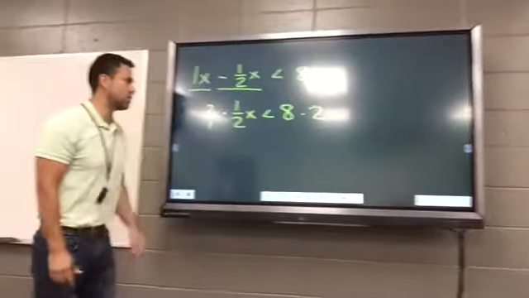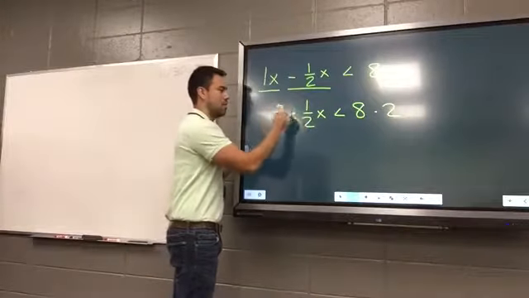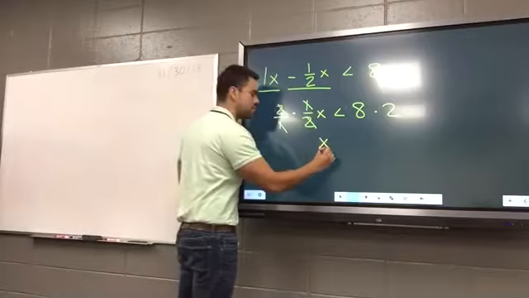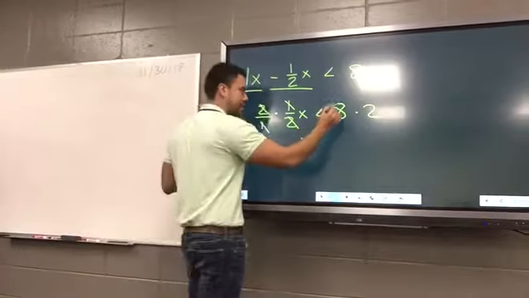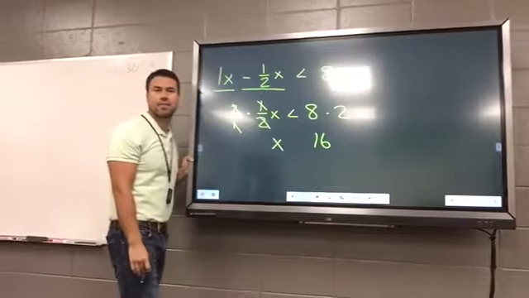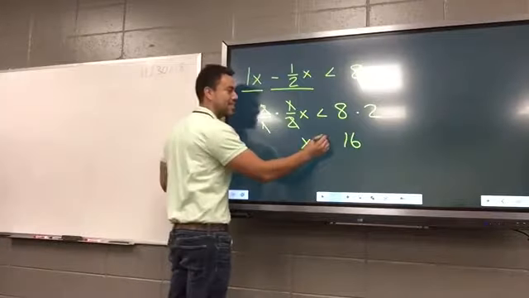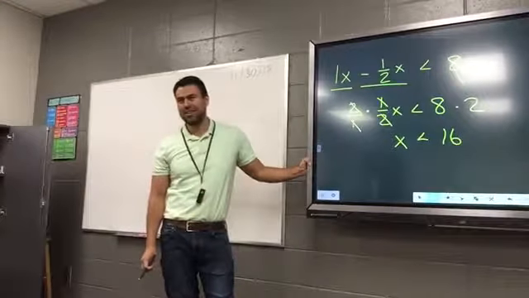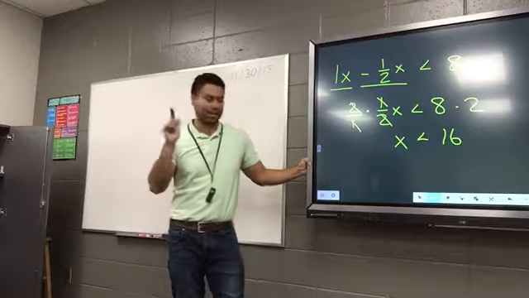Either one is equivalent. What happens here? What's 1 times x? X. And then what's 8 times 2? And what happens to the symbol? Stays the same. Notice I'm trying to trick you there? Did I trick you? A little bit. But you're getting it. You'll get it little by little.